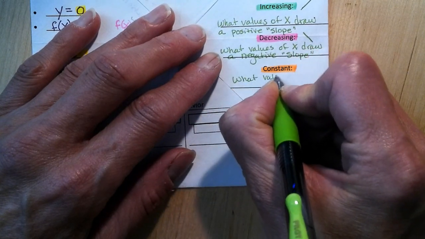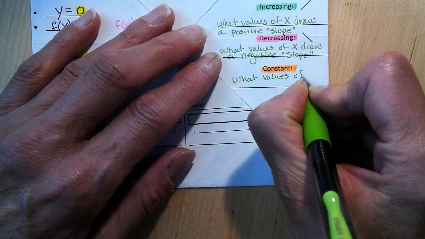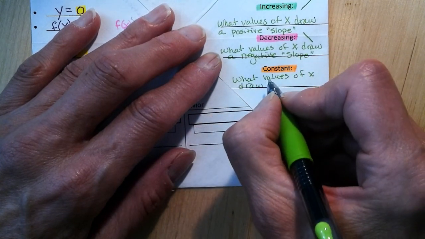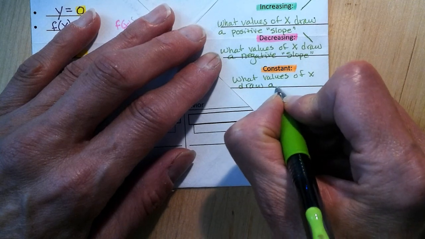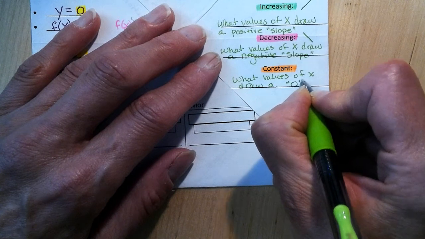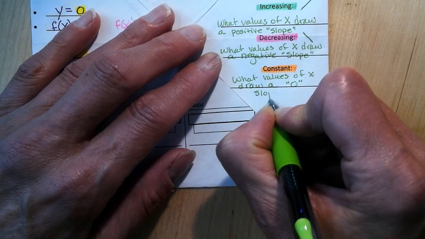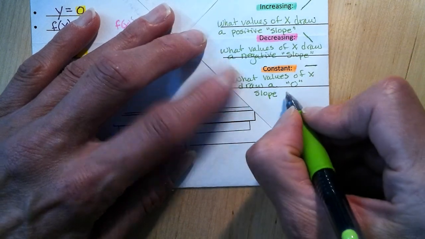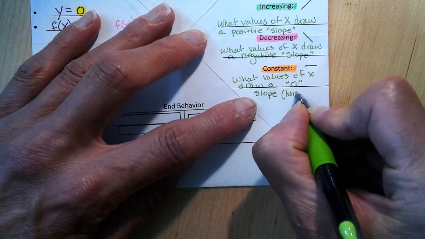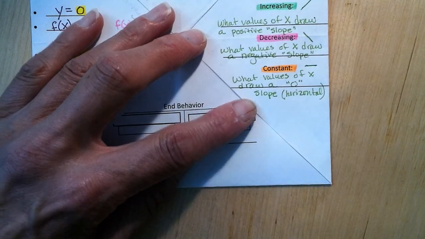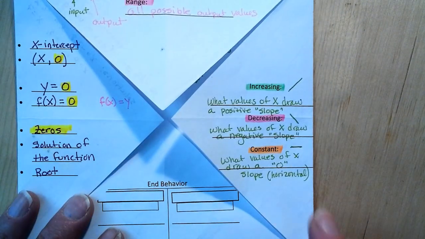What values of x draw a zero slope? So a zero slope would be horizontal. Okay? So those are the three things we're looking at.